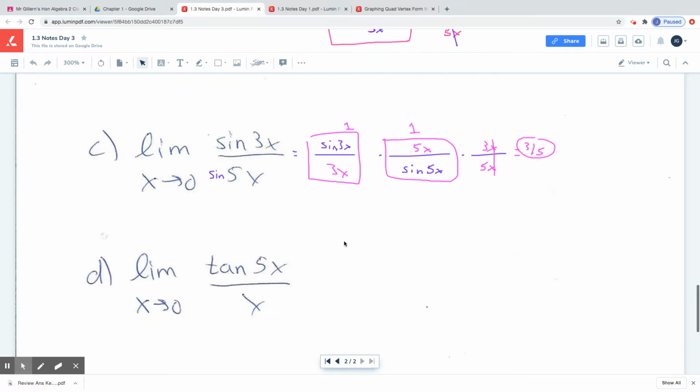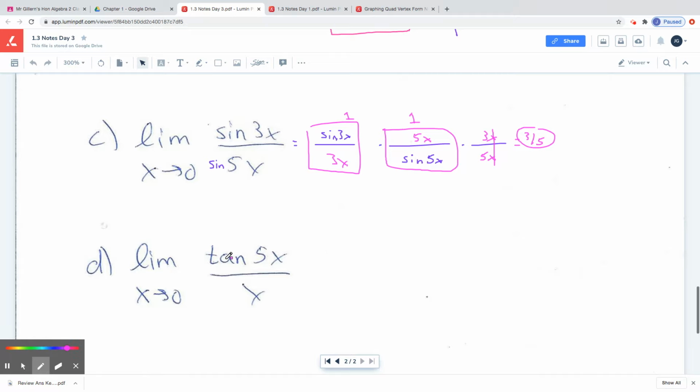All right, last one is with tangent. Now, if you remember, what is tangent? This property is only good for sine and cosine. So tangent is sine over cosine. I'm going to rewrite tangent of 5x as sine of 5x over cosine of 5x.